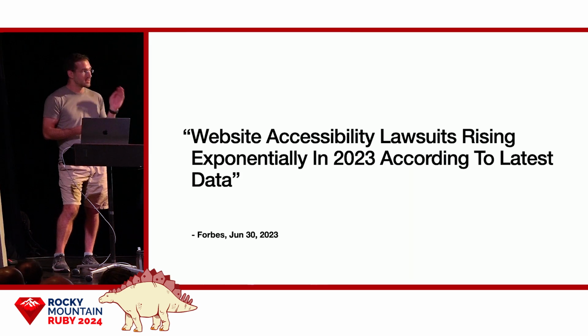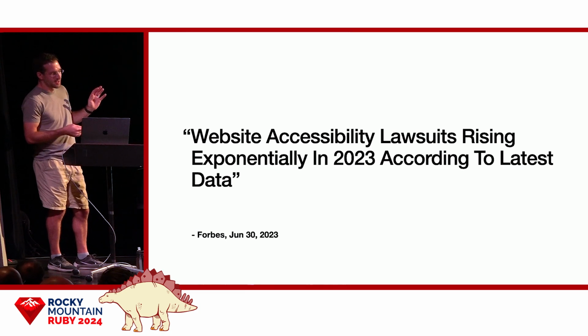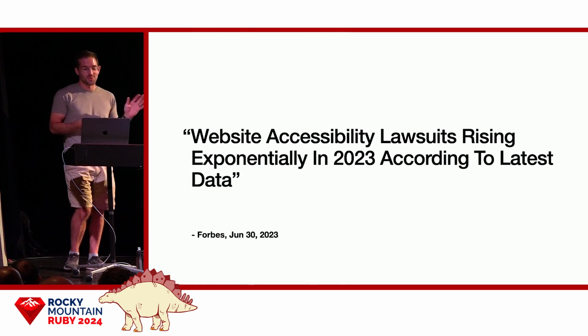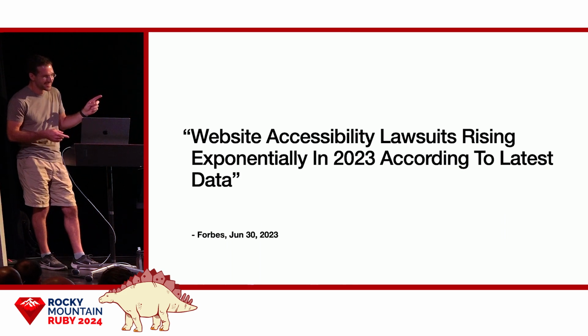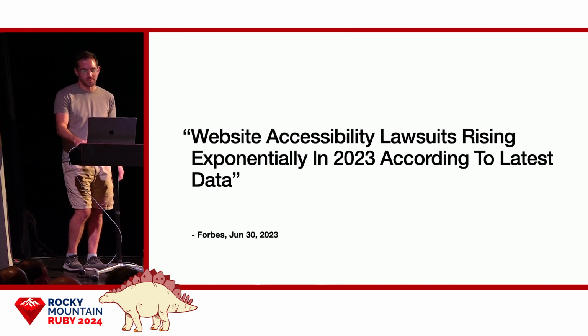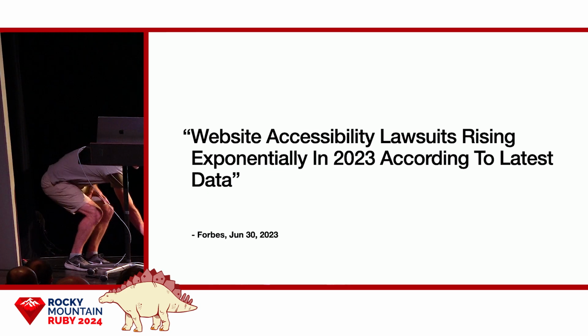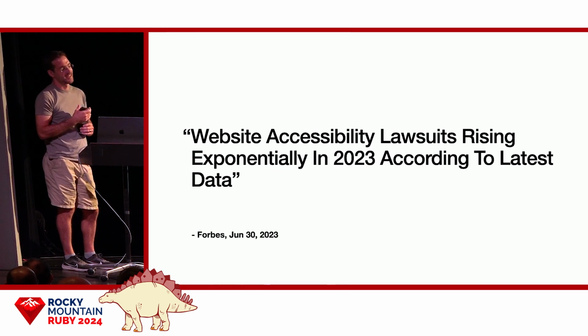According to Forbes, who does not know the definition of exponential, there were over twice as many digital accessibility lawsuits filed in 2023 as in 2018. As a former journalist, it just kills me.